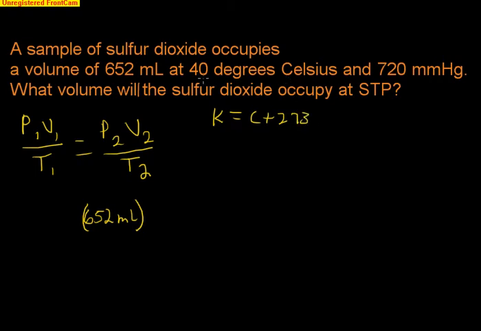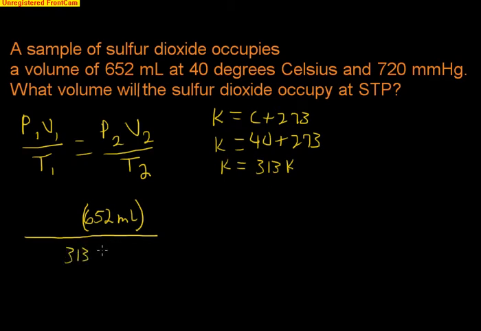So we put in 40 for C: 40 plus 273 is equal to K. Our first temperature is 313 Kelvin. This number goes in place of T1, at the bottom, and I'll put parentheses around it to be consistent.